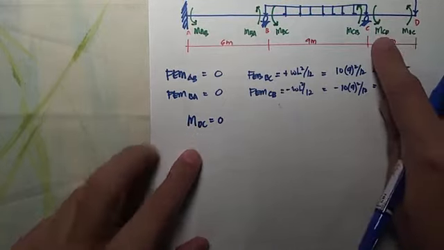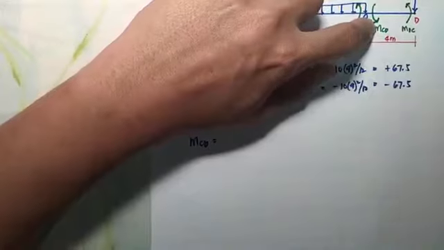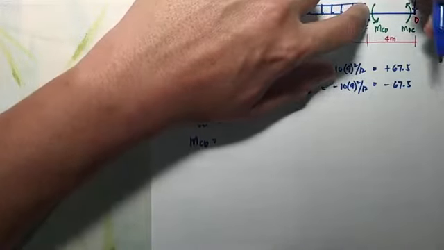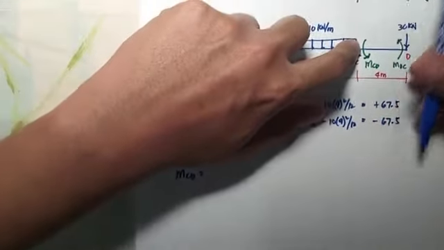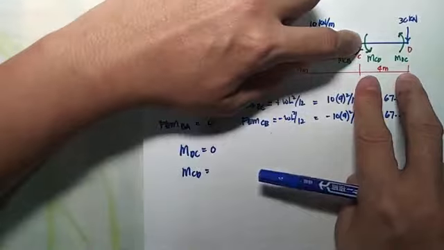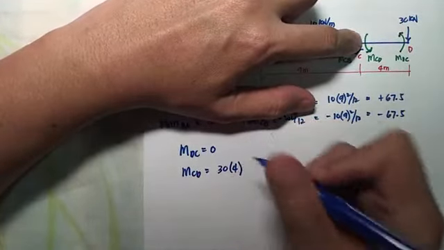How about the moment on CD? The moment on CD is actually determinate. We can easily determine the moment at CD by cutting a section at this point, and that would be the 30 kilonewton downward load times the moment arm of 4, so 30 times 4.